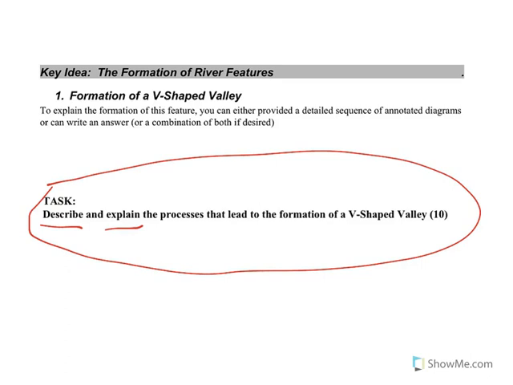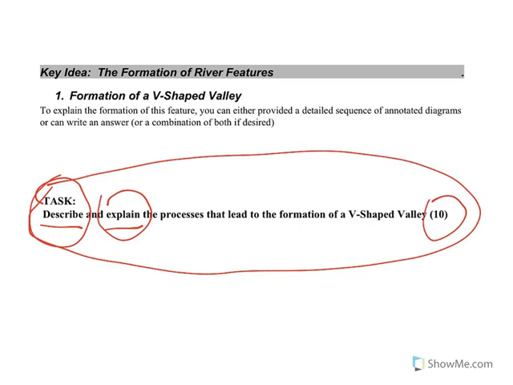You don't need to say step 2, you just have to say then and tell me what happens, and move all of the way to the final diagram, but instead of drawing a diagram this time, you're doing it all in writing. Okay? And you're going to be marked out of 10 for your ability to describe the different steps that happen, but also to then explain how they work.